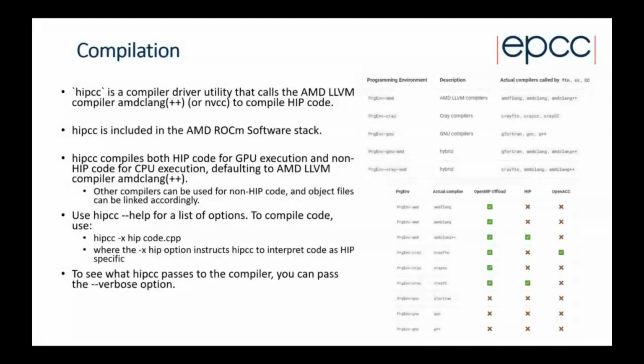We have the AMD compilers, Cray compilers, GNU compilers, and GNU-AMD hybrid and Cray-AMD hybrid. They don't all support compilation for the GPUs for HIP. Specifically, we need to program with AMD really, or Cray can be used for this as well. There's a bit more support for OpenMP offload, if you're interested in that, and limited support for OpenACC.